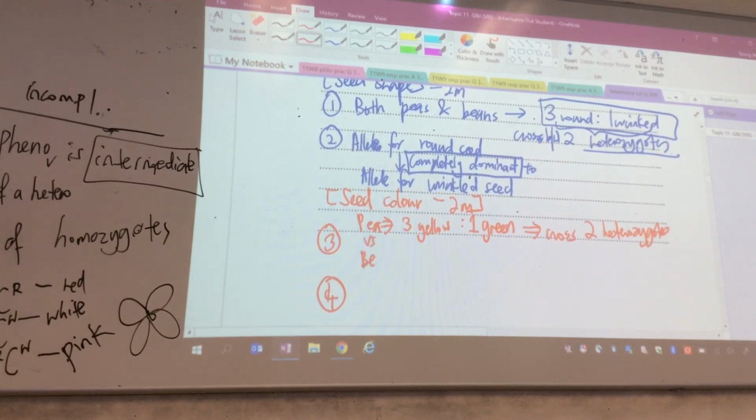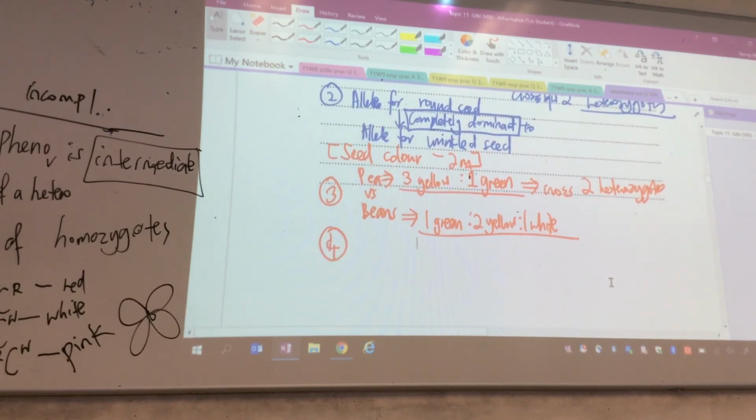Versus in beans, I get a ratio of 1 green to 2 yellow to 1 white. And what do you think is crossed? They already tell you it's 2 heterozygotes anyway.